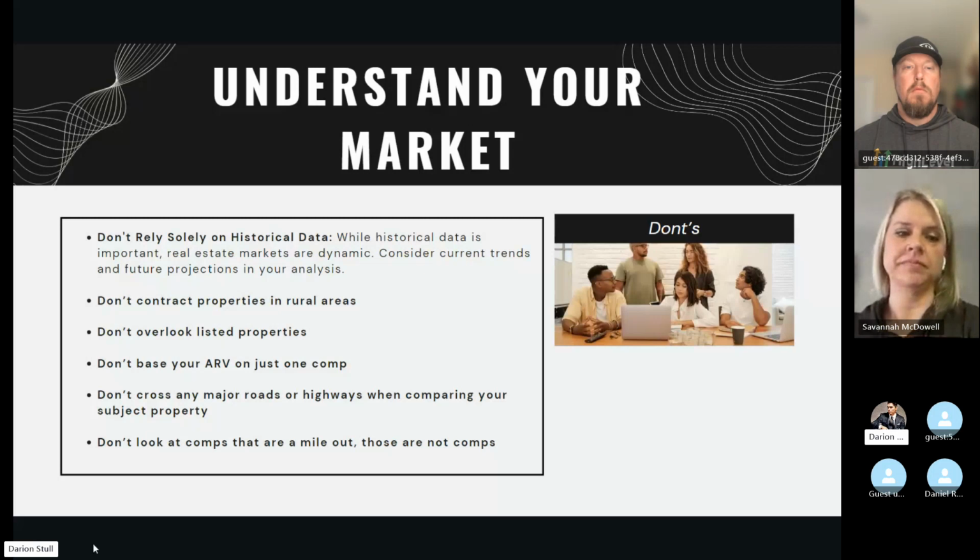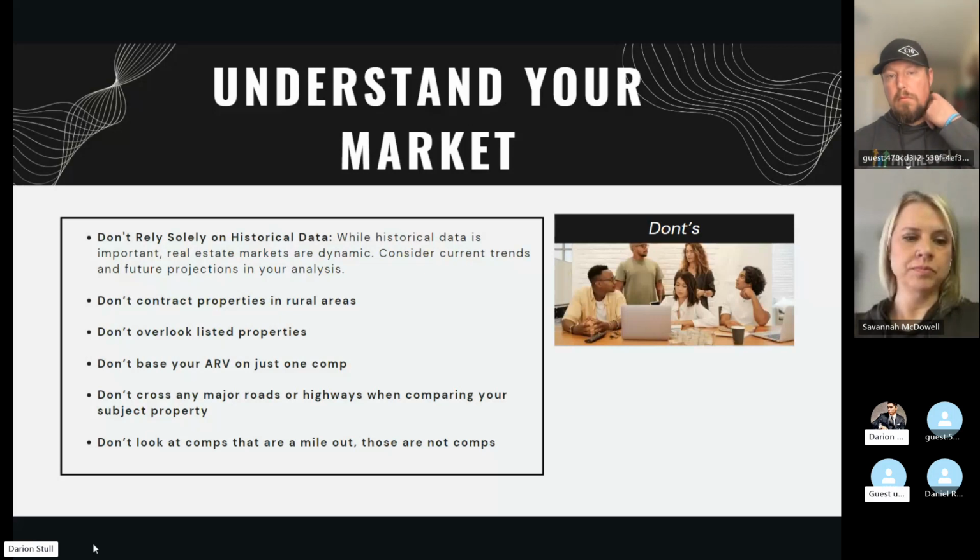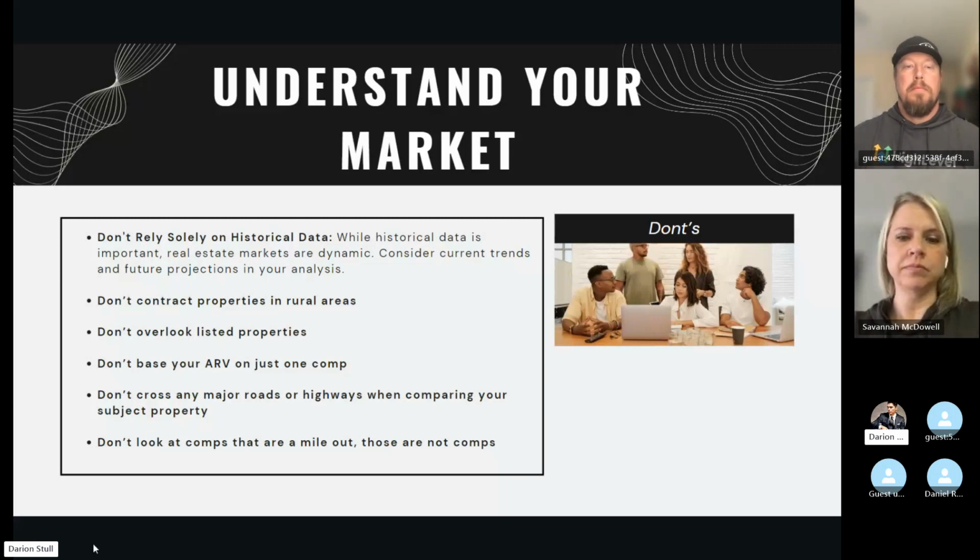You don't want to take anything into consideration that's across the highway, because you're looking at an entirely different subdivision, an entirely different neighborhood. You could have a C-class location on one side of the highway and a B-class or A-class location on the other. So don't do that. I learned that the hard way as well.